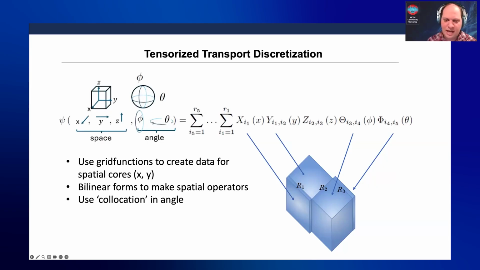Okay, so how do I put these pieces together for the thermal radiative transfer equations? We use grid functions to create the spatial cores. We use bilinear forms to create the spatial operators, so this is for X and Y. But transport also has these angle discretizations, and those are collocation types. Currently, we're just writing those ourselves because those are easy operators to write.